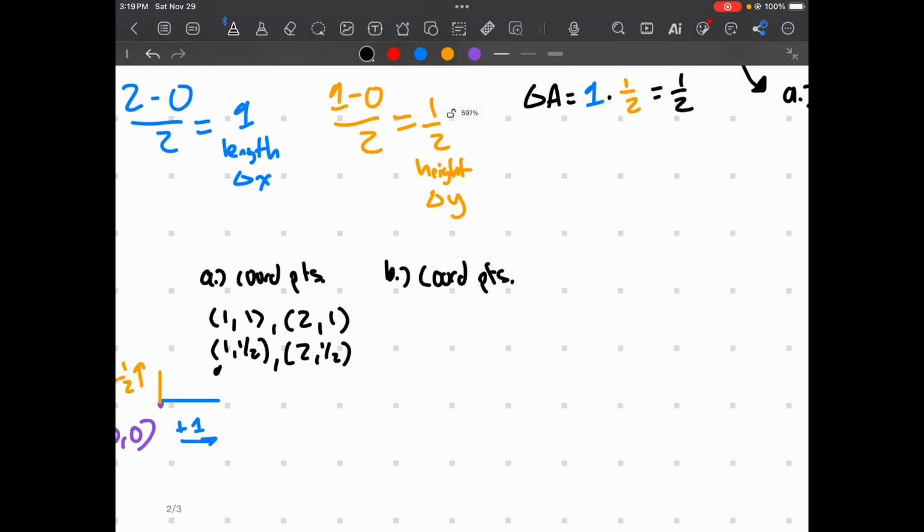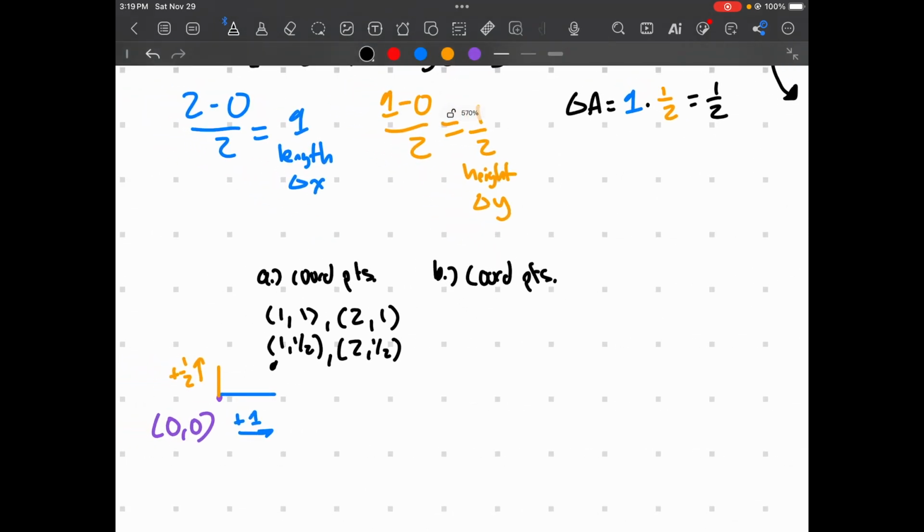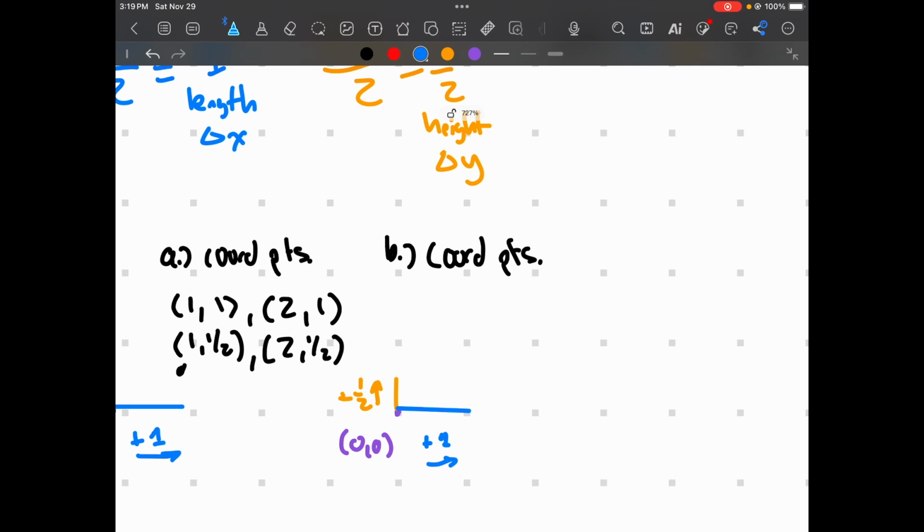For part B, we need to figure out 4 midpoints of each rectangle. So again, starting with a rectangle at 0, 0 with a height of 1/2 and a length of 1, this rectangle will have a midpoint here at 1/2, 1/4.